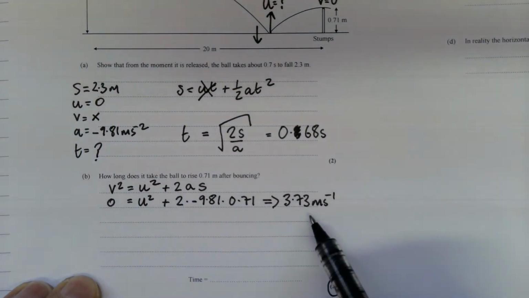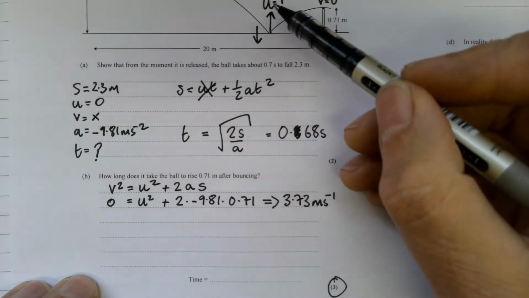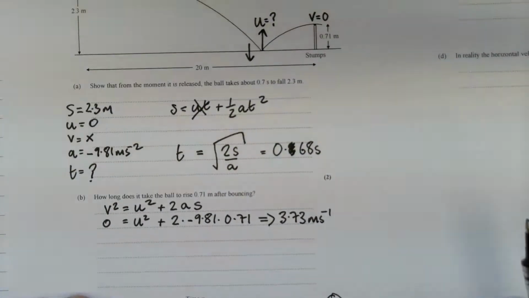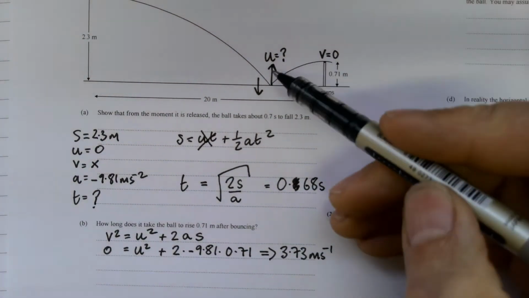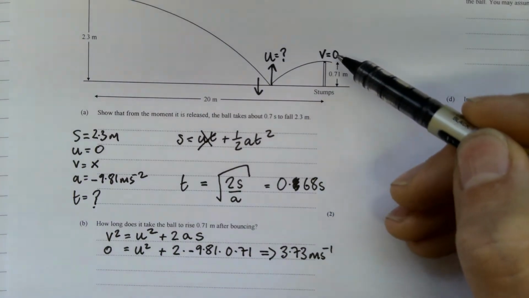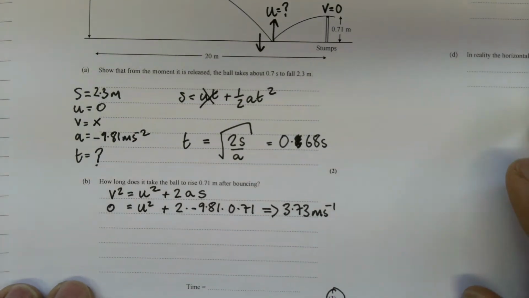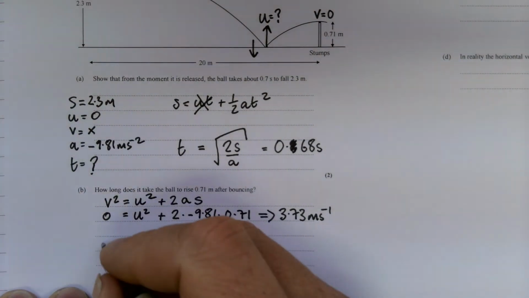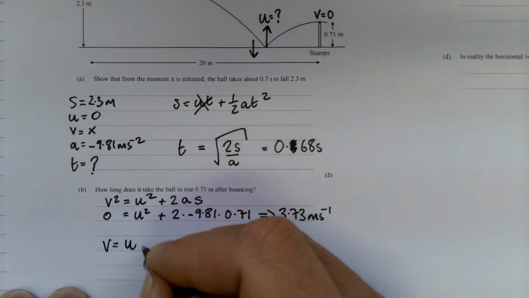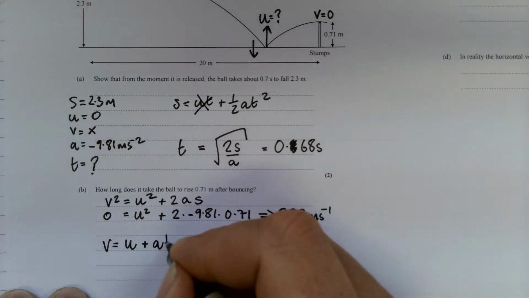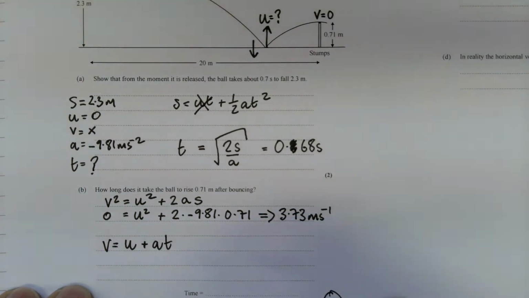Now we know the initial speed, the final speed, and the acceleration, so we could use v equals u plus at to find out the time.